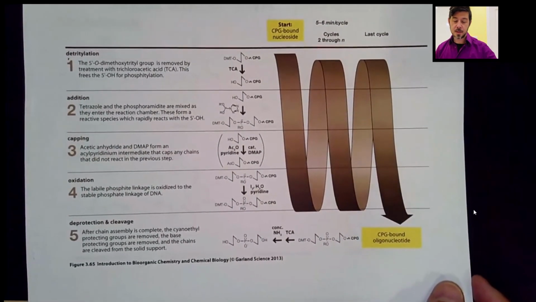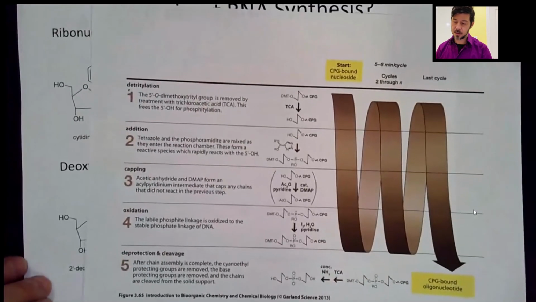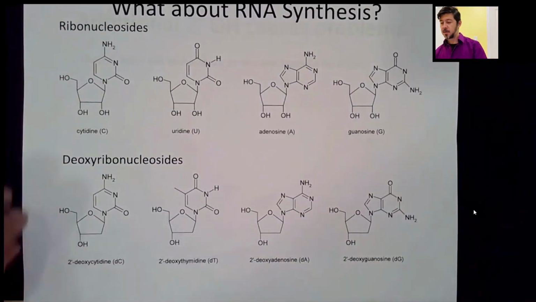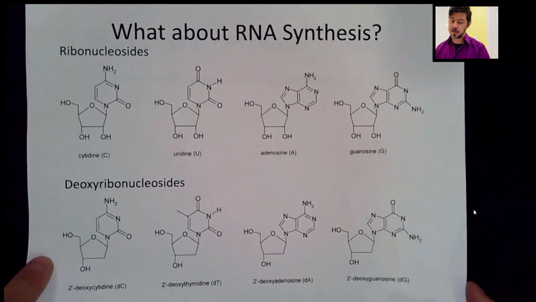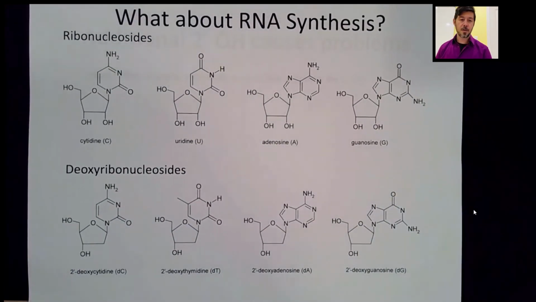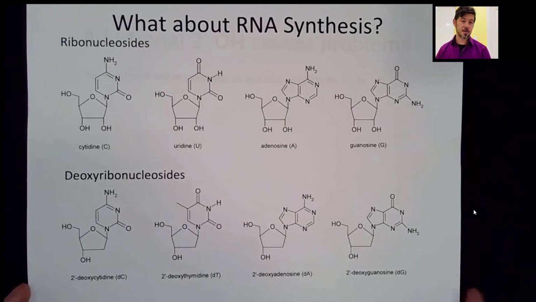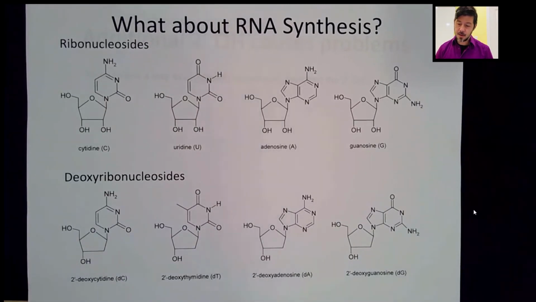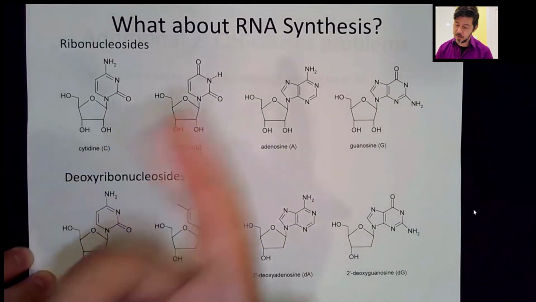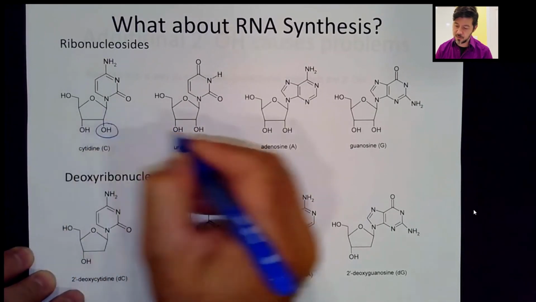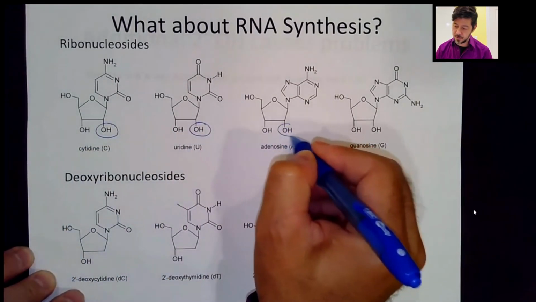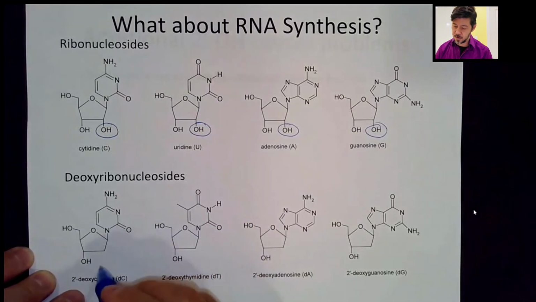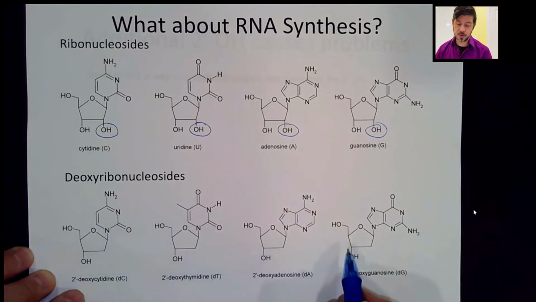Okay, so in the last few minutes, I just want to spend some time now thinking about RNA synthesis. And so far we've made DNA using DNA phosphoramidites. And I hope you enjoyed that chemistry. But what about RNA synthesis? With RNA synthesis, the only difference, right, is we have this 2' hydroxyl group, which is not around in deoxyribonucleosides.